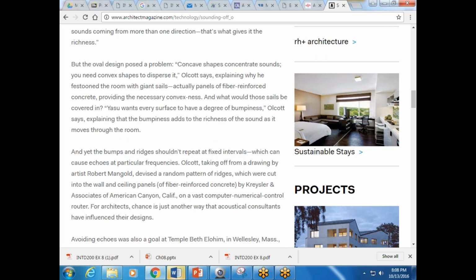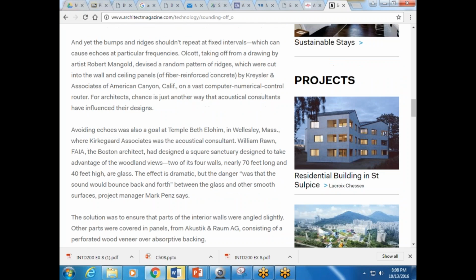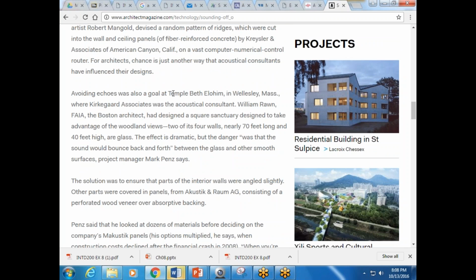And then here, as we continue down, it says avoiding echoes was also a goal at the Temple Beth Elohim in Wellesley, Massachusetts, where Kirkegaard Associates was the acoustical consultant. They had a square sanctuary designed to take advantage of the woodland views. Two of its four walls, nearly 70 feet long and 40 feet high, are glass.